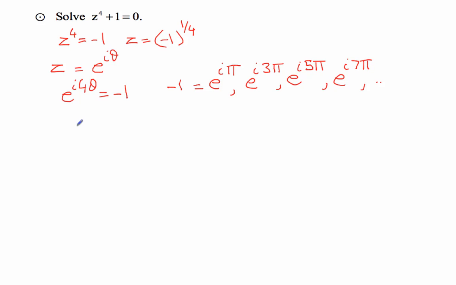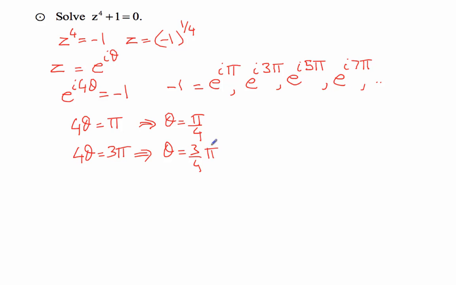If we take the first possibility, then 4 theta is equal to pi, which means that theta is pi by 4. If we take the second possibility, 4 theta is 3 pi, which means that theta is 3/4 of pi.